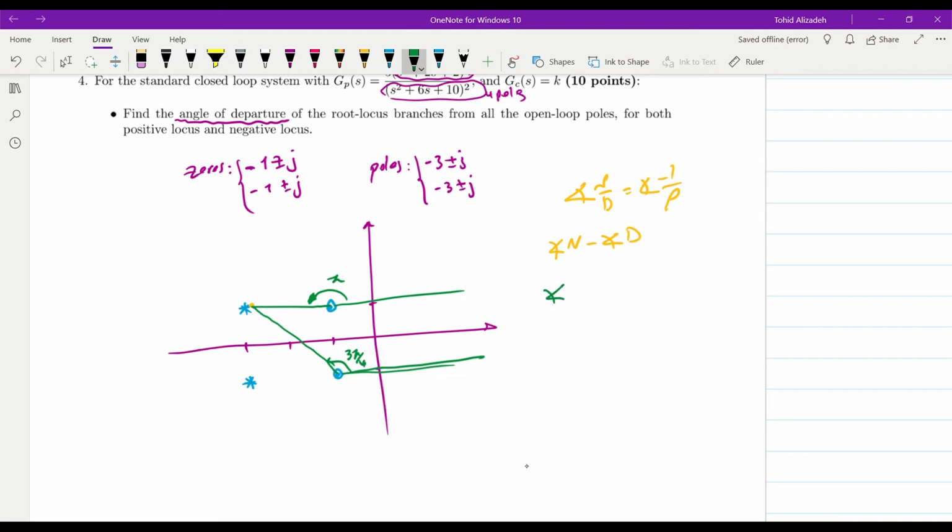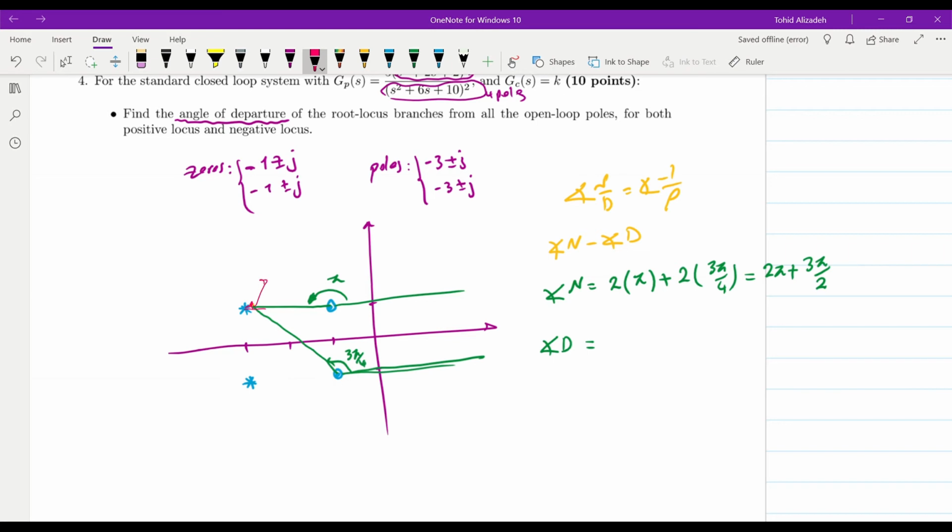So for phase of n, we will have 2 times pi plus 2 times 3 pi over 4. And this will be equal to 2 pi plus 3 pi over 2. For phase of d, on the other hand, we need to connect this test point to the poles.